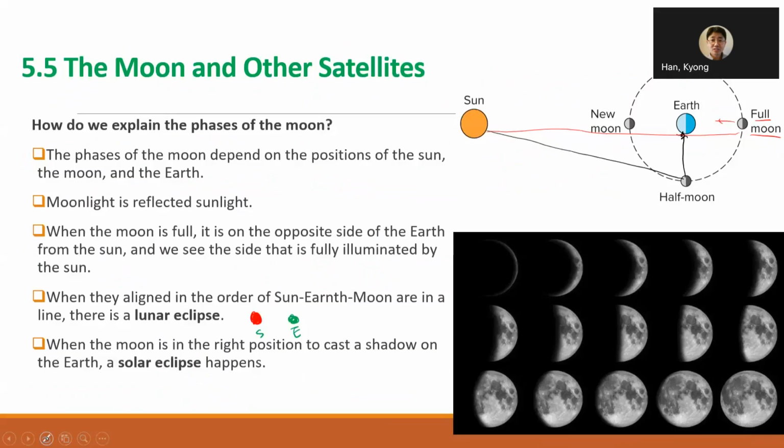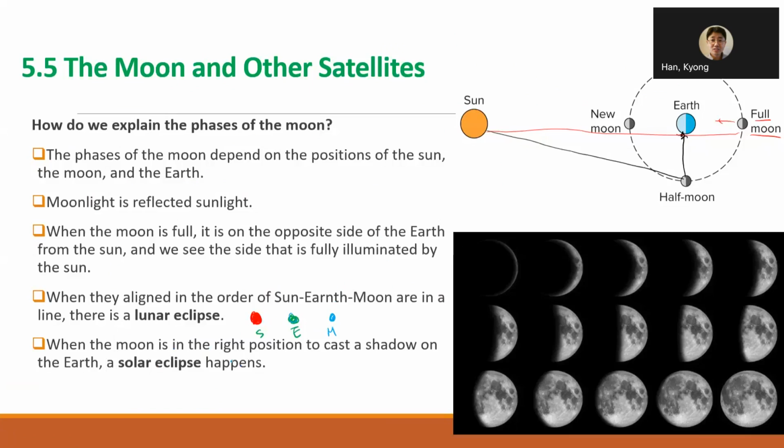That's a lunar eclipse, because the Earth blocks the sun exactly, so the moon cannot get reflection. It is exactly dark. This is a lunar eclipse.